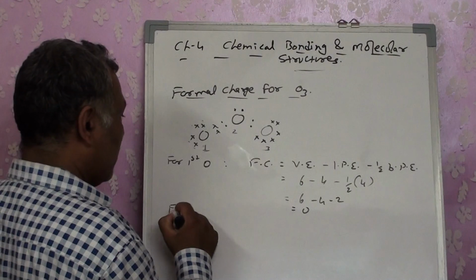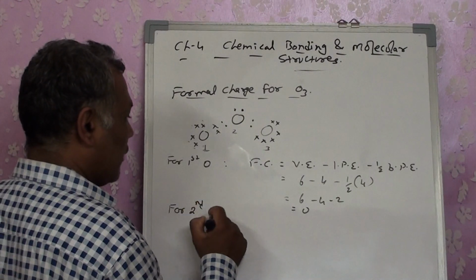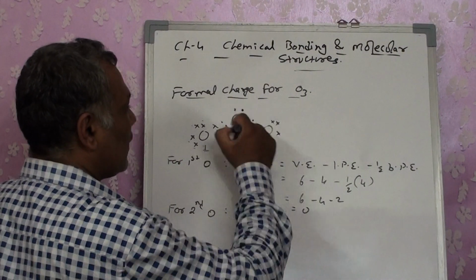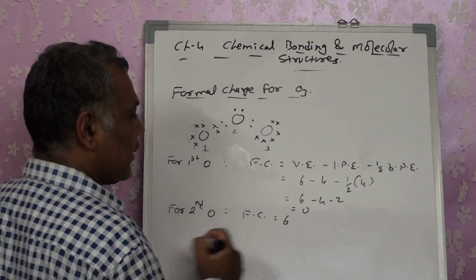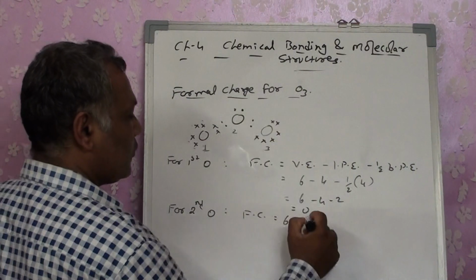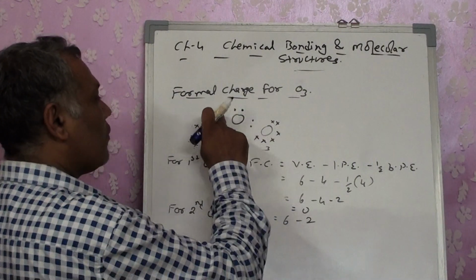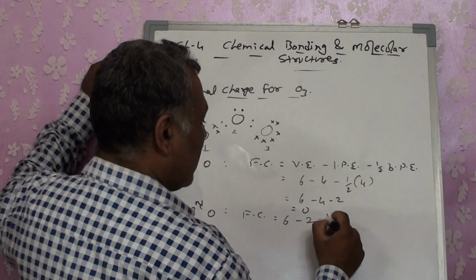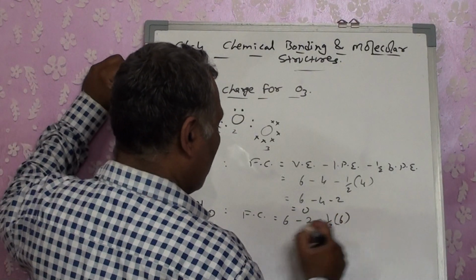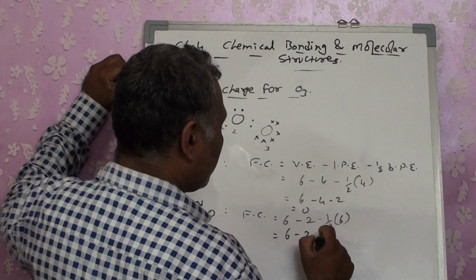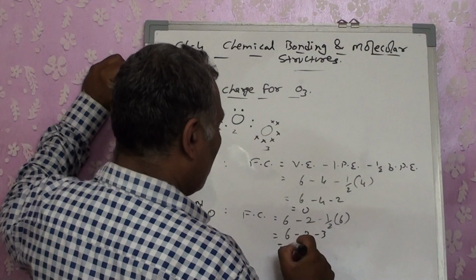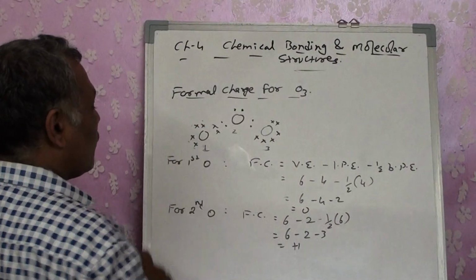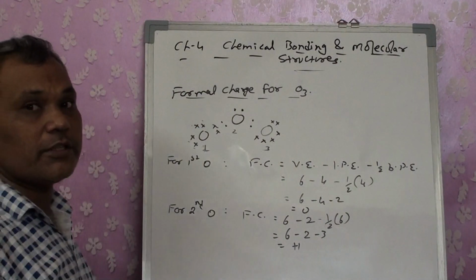Now similarly for the second oxygen, the valence electrons are again 6, lone pair electrons 2, bonded 1, 2, 3, 4, 5 and 6. So we have 6 minus 2 minus 3, that equals plus 1. So for this second oxygen the formal charge is plus 1.